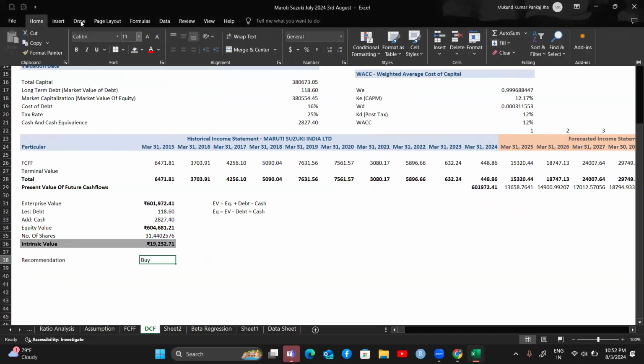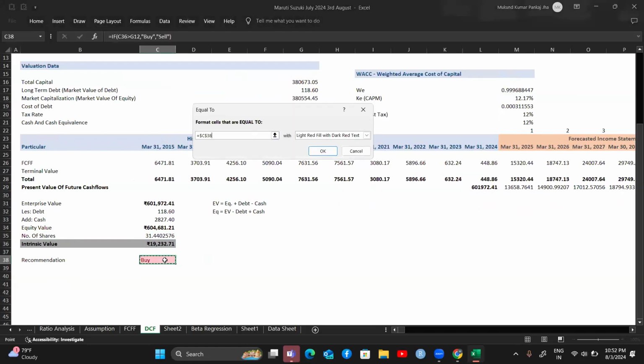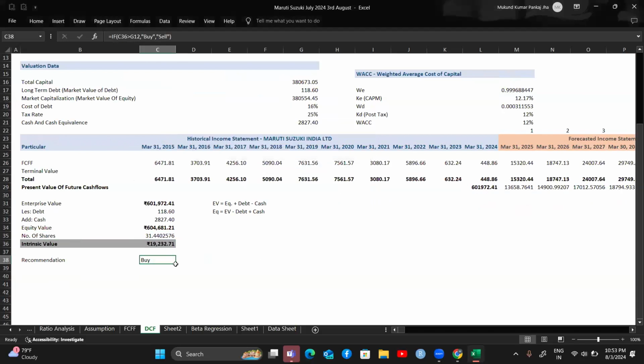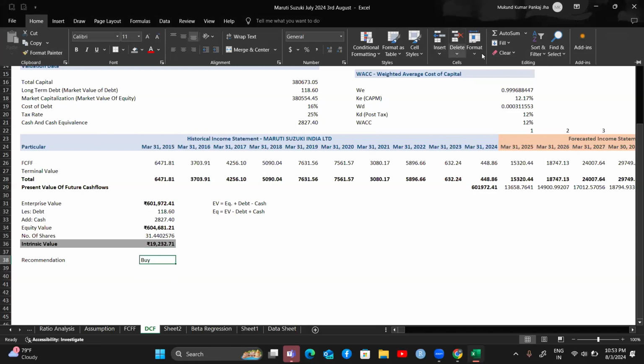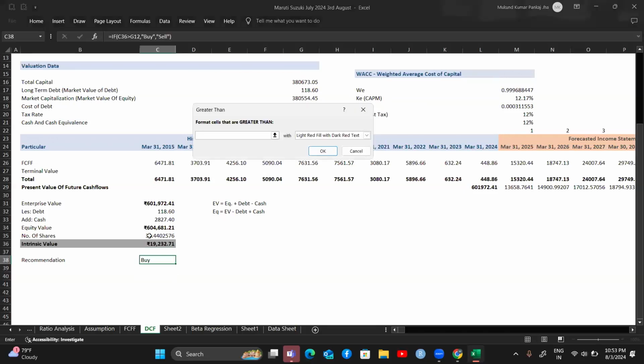Then we will go to conditional formatting, highlight cell rules, equal to, in green color. Or conditional formatting, highlight cell rules, greater than.